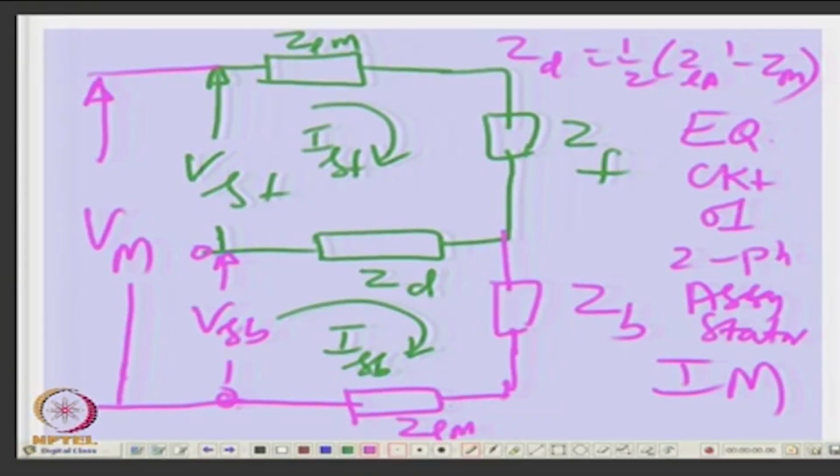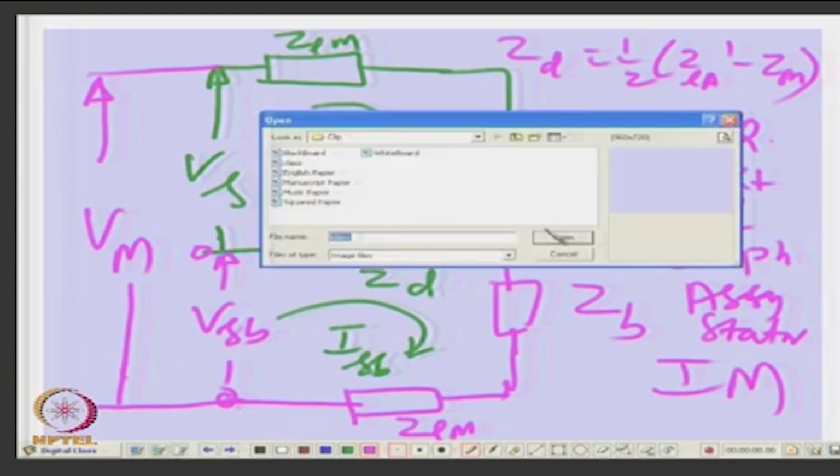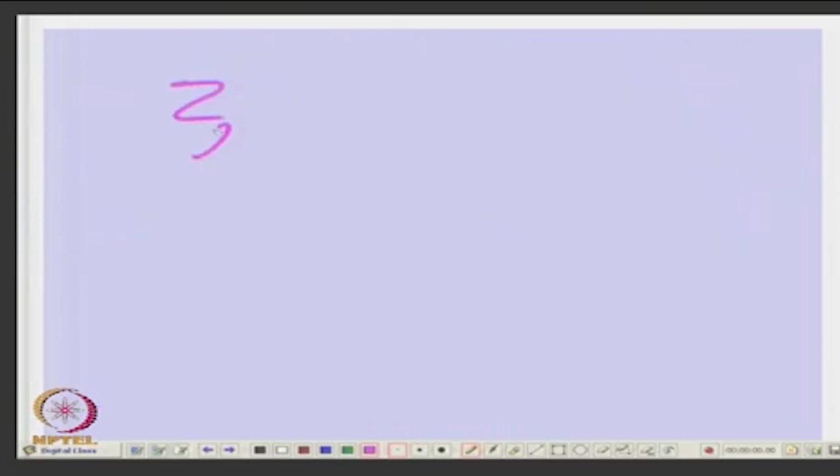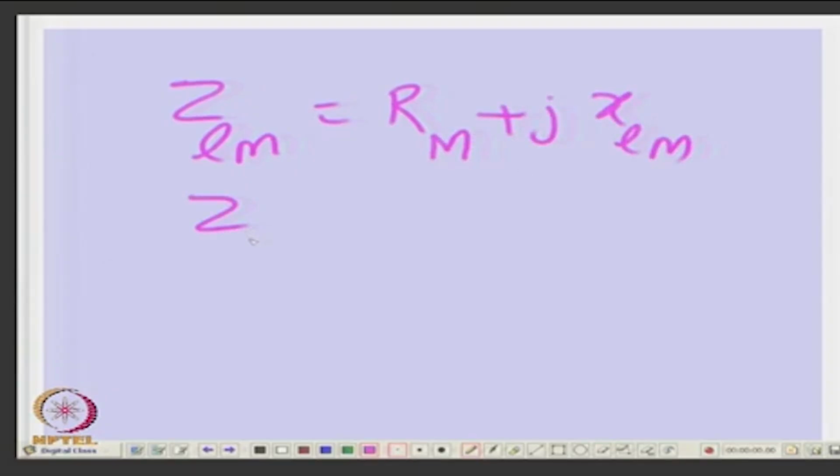What is ZLM? So, ZLM is Rm main winding plus its leakage reactance JXL main winding, and ZLA dash will be RA dash plus J times XLA dash, okay. And you also know what is ZF?